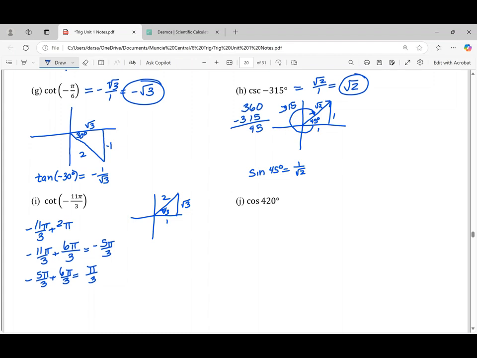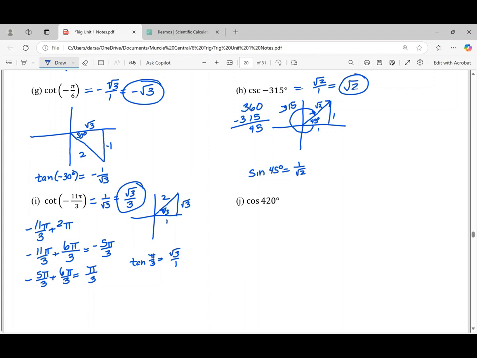It's in the first quadrant. We want the cotangent. So first we need to figure out what is the tangent of pi over 3. Well, that's TOA, square root of 3 over 1. We're going to reciprocal that, and that'll give us our cotangent, which is 1 over square root of 3. And you need to rationalize that really quickly to square root of 3 over 3.